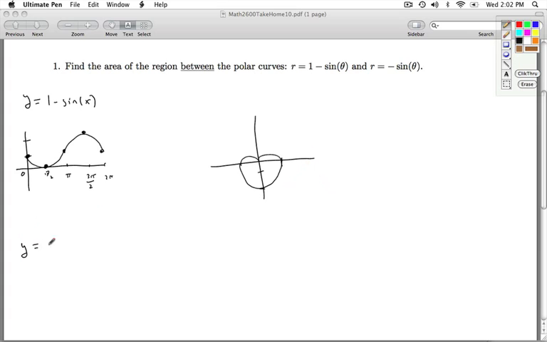For the next curve, r equals negative sine theta. Let's look at y equals negative sine x. And that's just an inverted sine curve with an amplitude of 1.